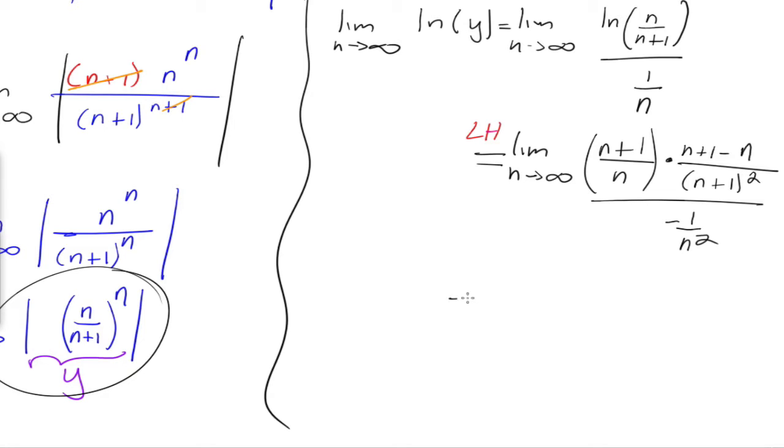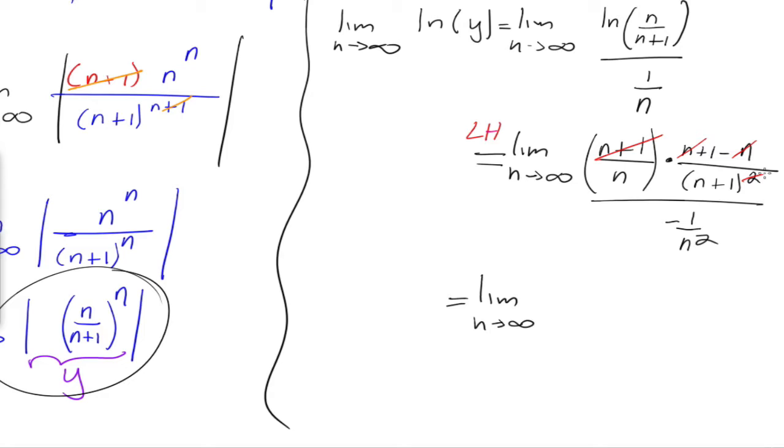Okay, so then this is equal to the limit as n goes to infinity of... Wait a second. Cancel out one of the n plus 1s. Bring the n squared up to the top.